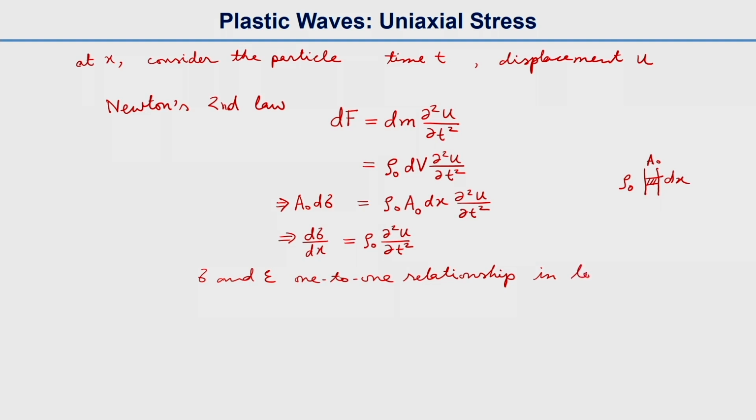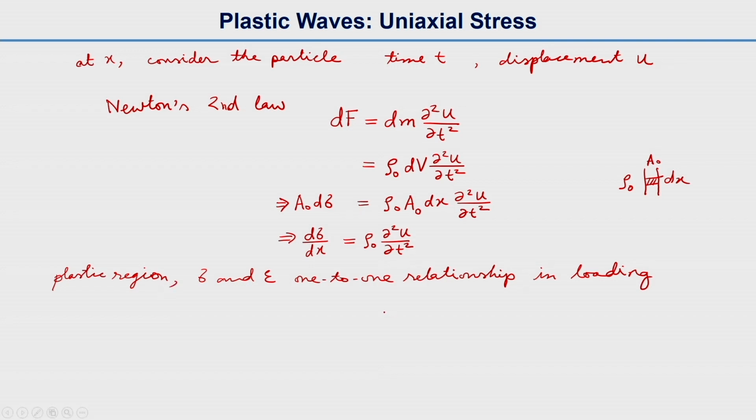In unloading it can be different. In unloading this is irreversible, that we are not going to discuss now, but that may not be a one-to-one relationship. This is for the plastic range, the plastic region, which has a one-to-one relationship.